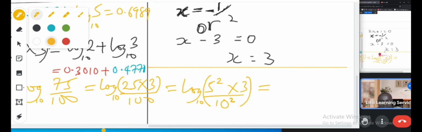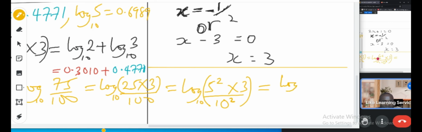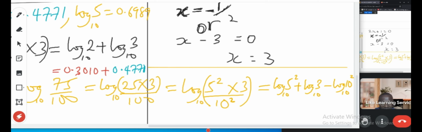So I would have simply said log 5 raised to the power 2 in base 10 plus log 3 in base 10 minus log 10 raised to the power 2 in base 10, is it not? Yeah. I hope you understood what I did.